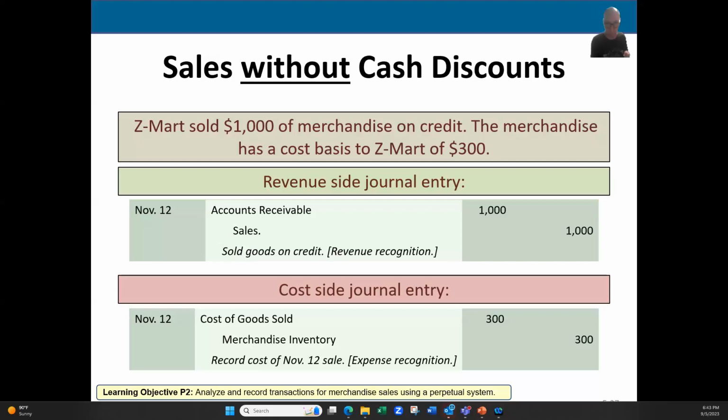You never sell it for less than what you bought it for. Otherwise you lose money. And we don't go into business to lose money. So here's the transaction. I sold it to my customer, $1,000 on credit. It cost me $300.